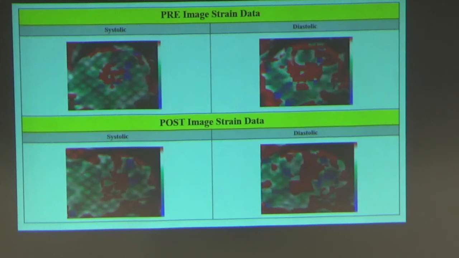Again, there are these pixel-by-pixel techniques where you actually map the functional data, the strain data, onto an anatomic image, so you're seeing both the anatomy and the function on a pixel-by-pixel basis.